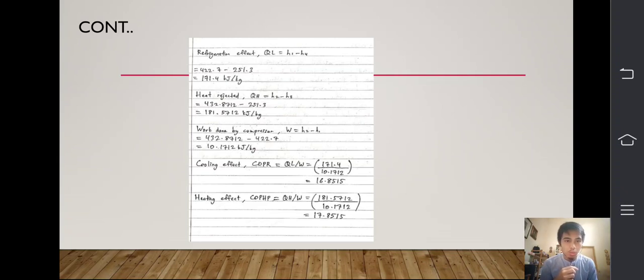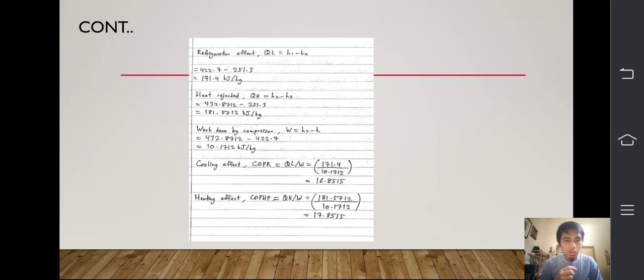We get 171.4 kilojoule per kilogram. The heat rejected, QH, equals H2 minus H3, which is 181.5712 kilojoule per kilogram.